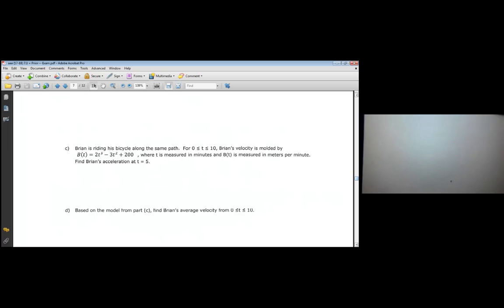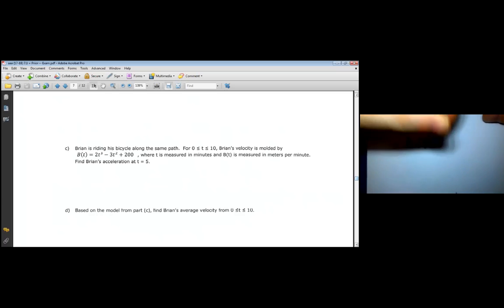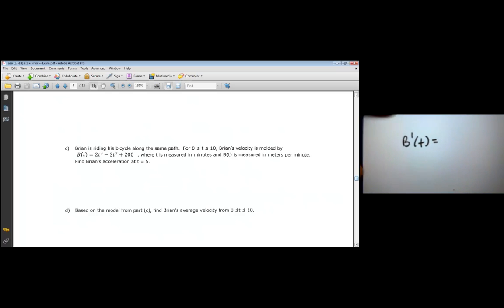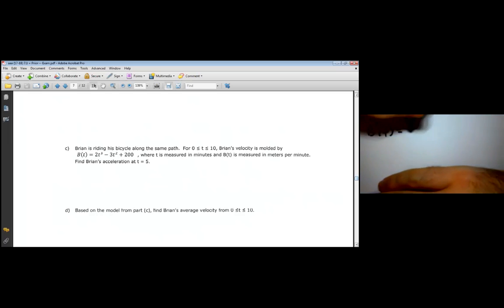So to do that, first off, we want to say b prime of t. We want to find the acceleration formula. So b prime of t is equal to 6t squared minus 6t. Then we want to plug in 5.